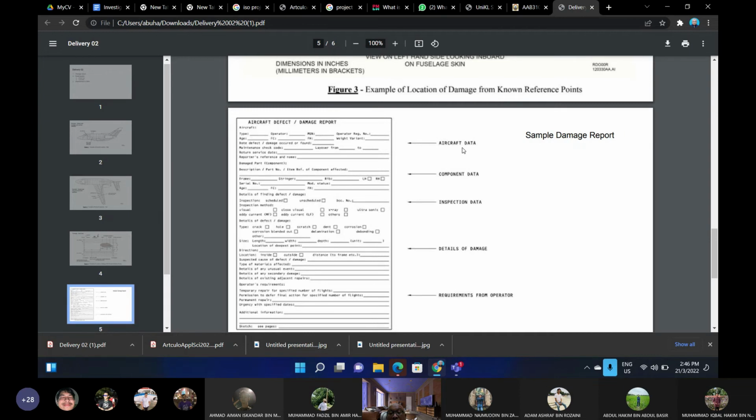And then the last paragraph will be what is your expectation, what is your requirement from the OEM. Maybe you want them to review and recommend a potential repair.